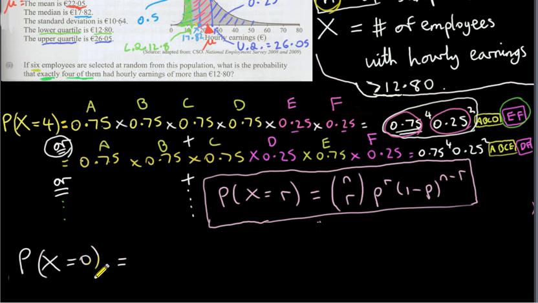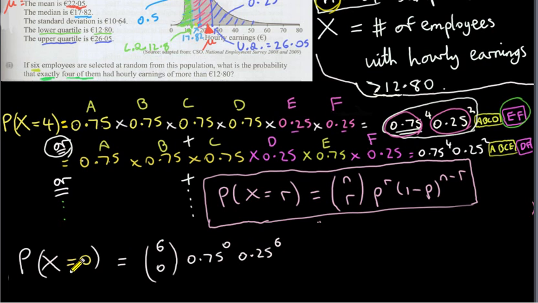Suppose we want to calculate the probability that X equals 0. That means that no employees have hourly earnings greater than 12.8. So we have 6C0, because r is 0, p to the power of r, p is 0.75, r is 0, and 1 minus p is 0.25 to the power of n minus r. That's 6 minus 0, which is 6.